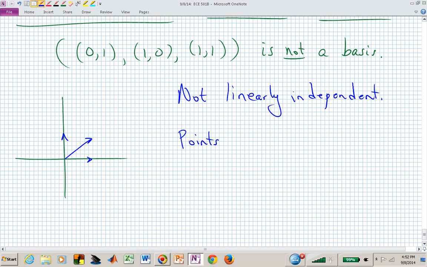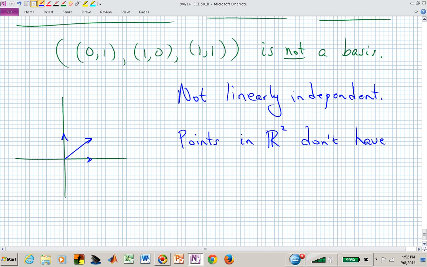Another way of saying that is, and this is getting back to the earlier question before, now we don't have a unique way of expressing a linear combination of those vectors for any point in the vector space R2.